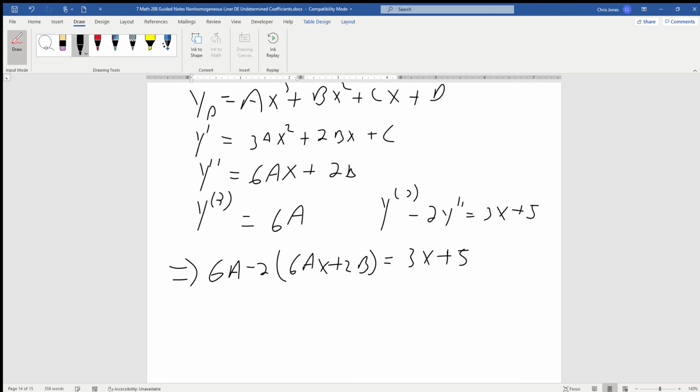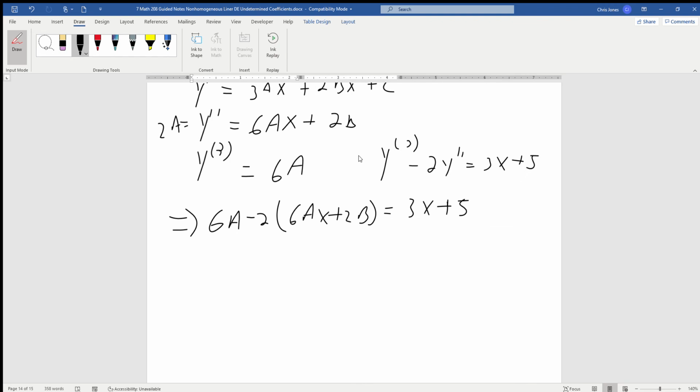Now it makes more sense. The way it was before, y double prime was 2a, and we would never have an x term. So we need to make sure that after taking three derivatives we're still left with some x term when we substitute back in. A little bit of distribution, and we wind up with 6a minus 12ax minus 4b equals 3x plus 5.